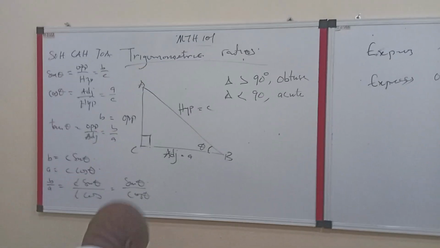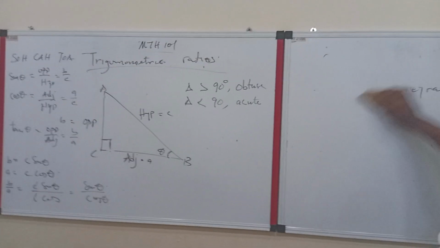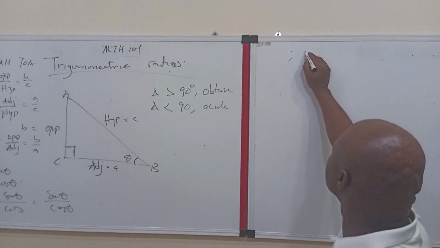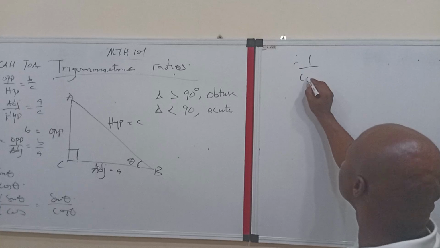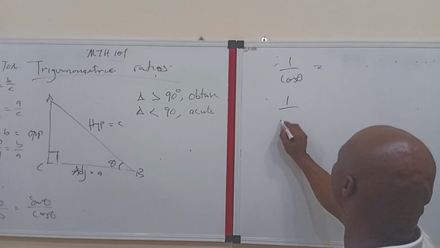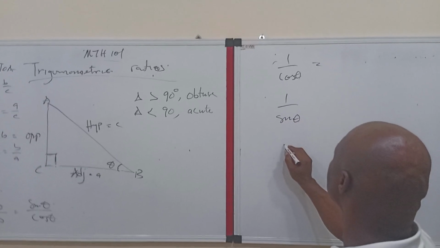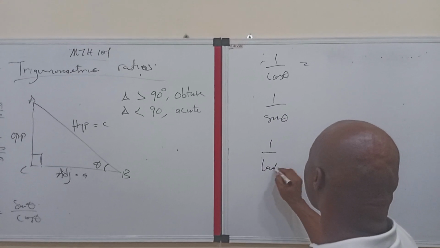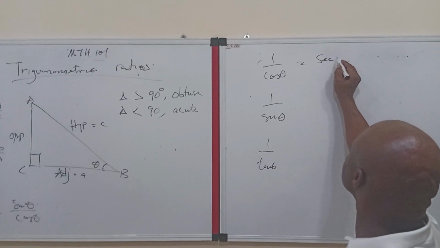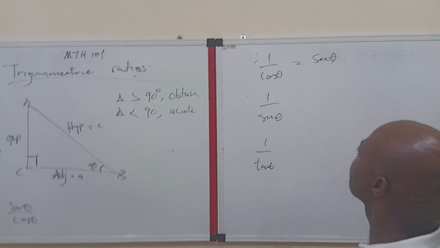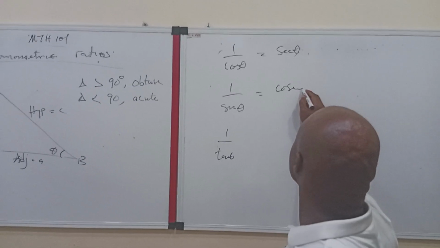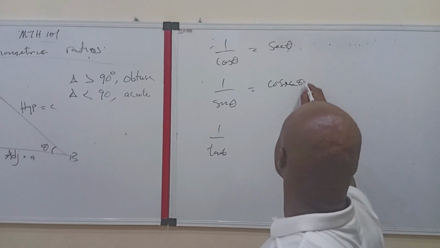If we are interested in the reciprocal of these trig ratios, then we have 1 all over cos theta, 1 all over sine theta, and 1 all over tan theta. 1 all over cos theta is the same thing as sec theta. 1 all over sine theta is cosec theta.